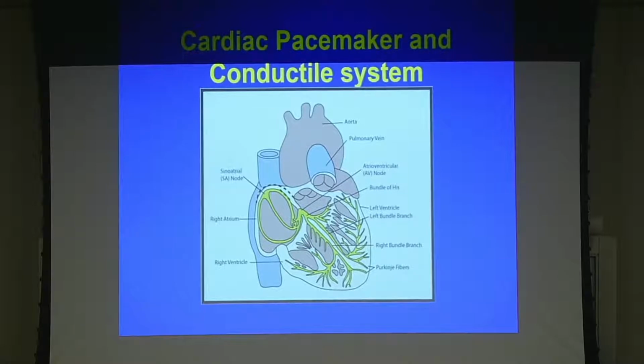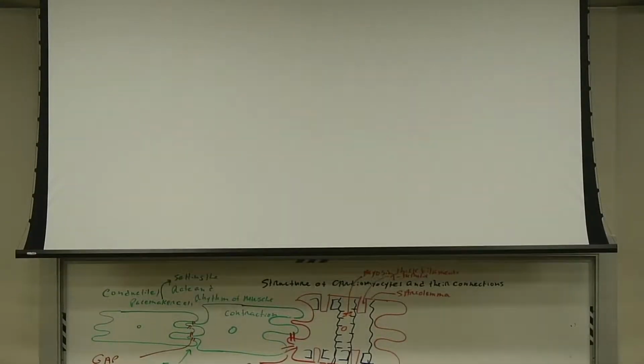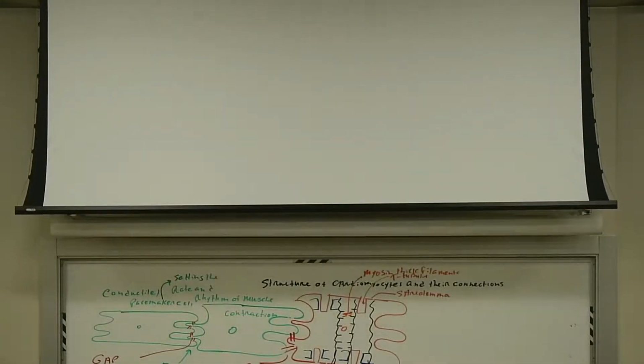But what I want to do in the last few minutes is think about the signals that are set up in those two distinct kinds of cardiomyocytes. So we go to the back board here.